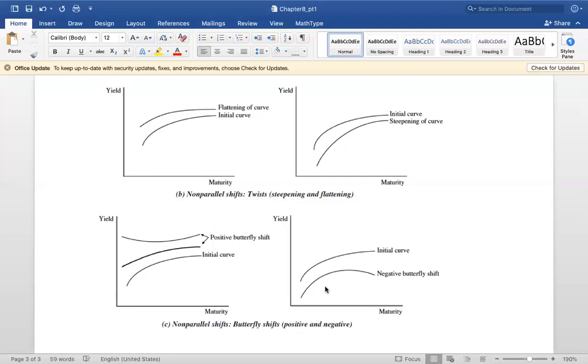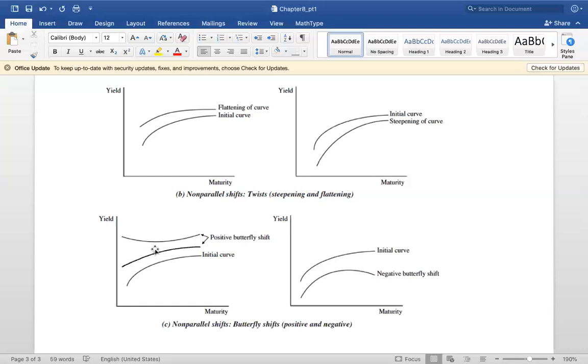So the positive butterfly shift makes the curve less humped. It means that if yields increase, the yields in the short maturity and long maturity sectors increase more than the yield on the intermediate sector. And if yields decrease, the yields in the short and long maturity sectors decrease less than the intermediate sector, right? That's what we call a hump.